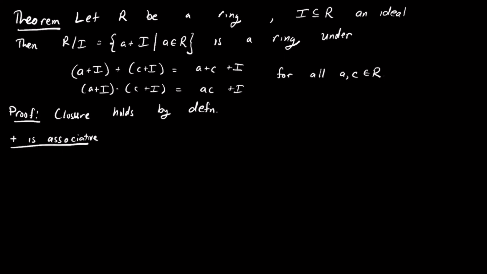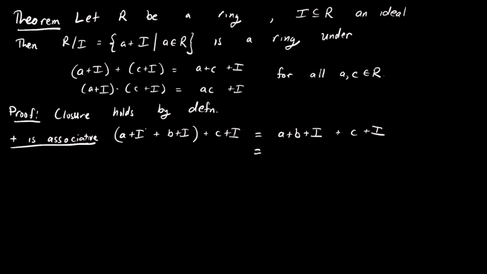So how do I do that? Well, let's take three cosets. I'm going to take (a plus I) plus (b plus I) and add to it c plus I. Well, what is that? By definition, (a plus I) plus (b plus I) is just (a plus b) plus I. And then I'm adding to it c plus I, right? So I'm just adding the two things in parentheses using my definition of addition.